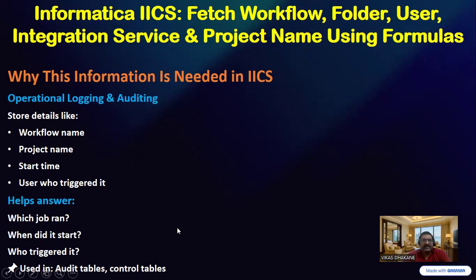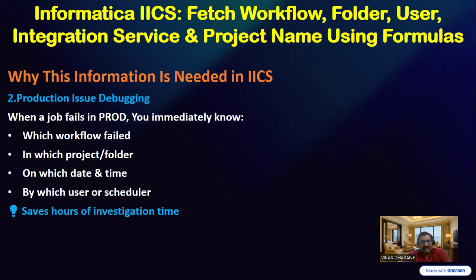This is the primary need of any client, to have all this information so that the auditing information can be maintained in particular tables. Also, this information is required for debugging production issues, because whenever a job fails in production, we can immediately fetch information like which workflow has failed, what is the folder name and project name of that workflow, on which date and time that workflow has failed, and who has triggered or scheduled that workflow.